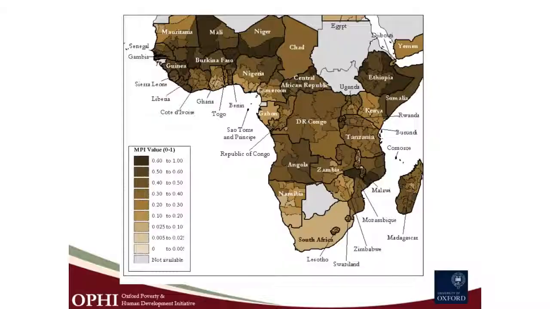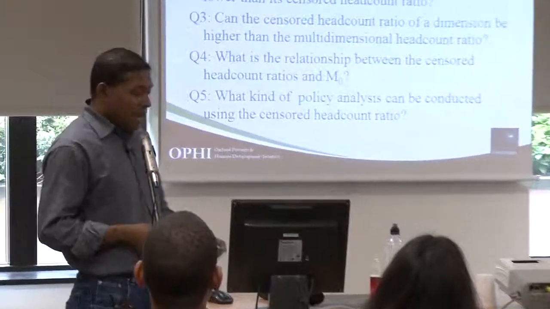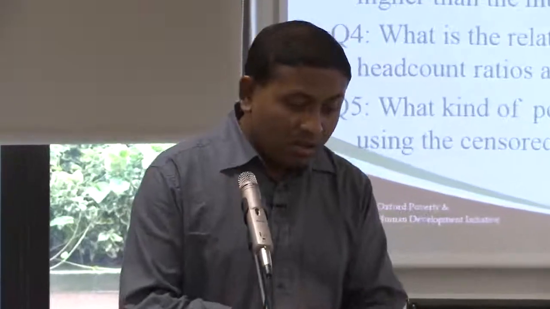If you look at a particular region, say Sub-Saharan Africa, very closely, you can see there is wide disparity that should be captured and has been captured and decomposed using this measure. Now, this lecture was not supposed to be very long, just to give you some ideas. Now, here are some set of questions.